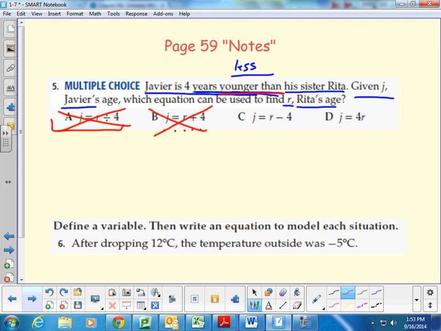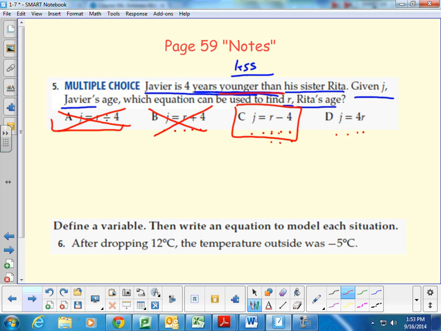Notice how I can read the equation and see if it matches the situation. You have to be able to use the words in math kind of interchangeably. C here says Javier is Rita's age minus 4, so 4 years less than Rita. If you go backwards, 4 years less than Rita. So that sounds about right. Now if I just check on this one just to make sure, Javier is 4 times Rita's age.